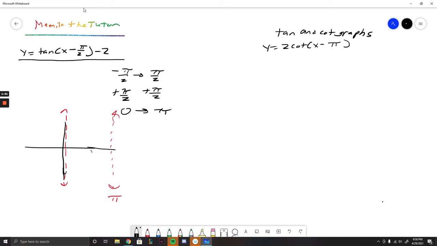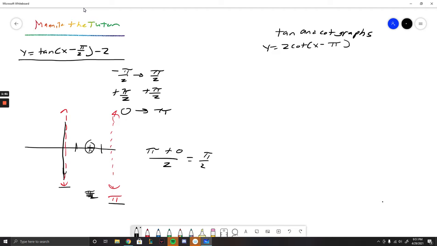As we know, tangent graphs have 3 points: 1, 2, 3. And the way we figure out these points is to figure out this middle point right here. We just need to average our leftmost asymptote and our rightmost asymptote. So in this case, you would do pi plus 0 over 2, and that's going to be pi over 2 for this middle point.